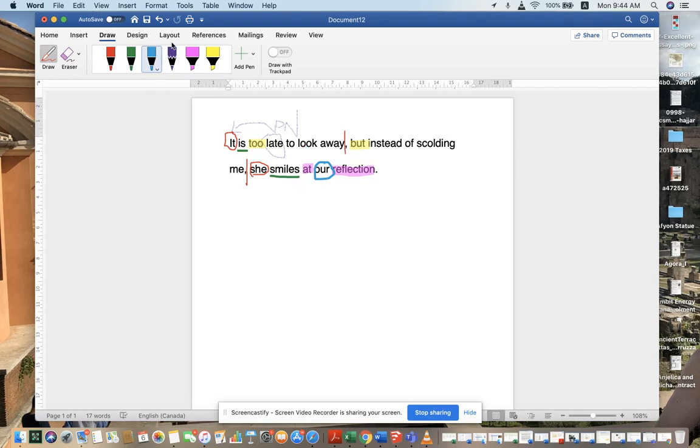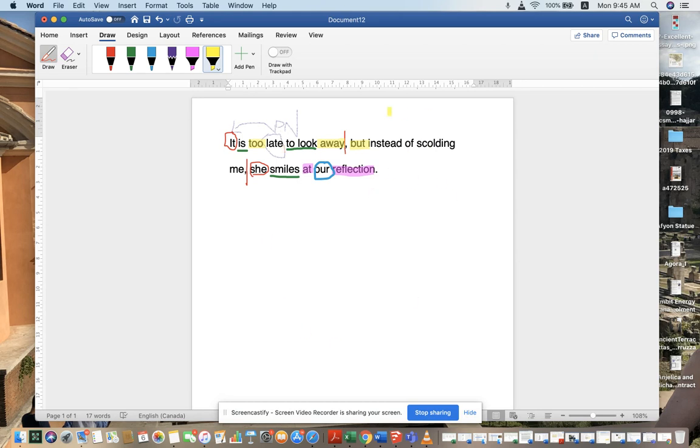"To look away" becomes an infinitive verb, part of this construction: it is too late to look away. And "away" tells you how to look, and that is an adverb. So whenever you see "to" or "for," it could be an indirect object, but when you see a verb right next to it, in this case "look," "to look" becomes an infinitive.